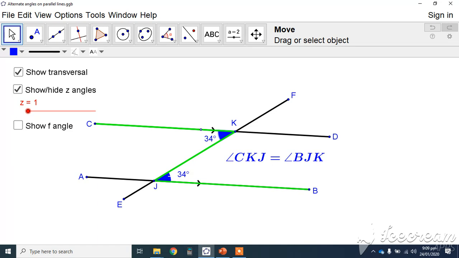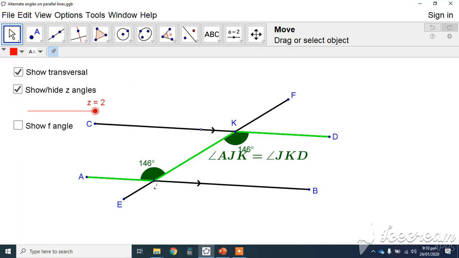Now, alternate angles have a nickname called Z angles. I hope you can see I've colored in green what we mean by the Z. They're often nicknamed Z angles. Right, there is another alternate angle pair on this diagram. I'll show you the other pair, and boom, there is the other pair.